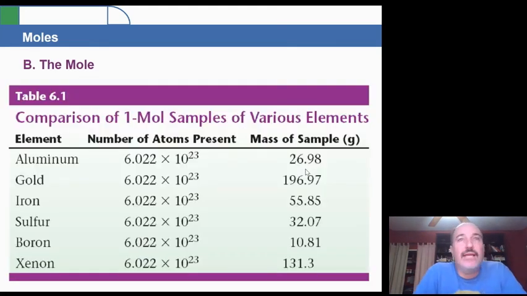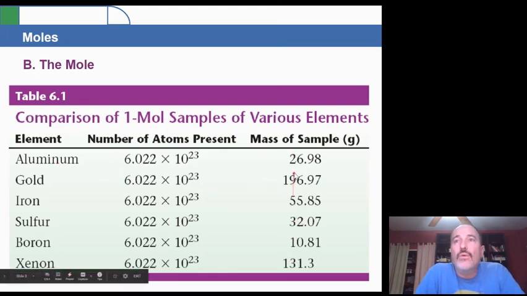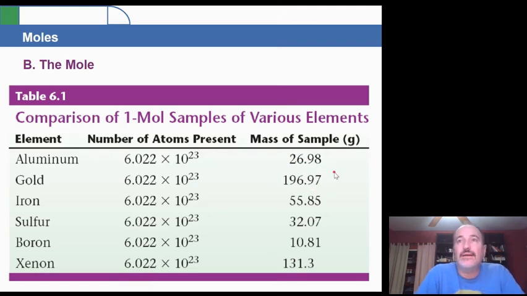And just to give you an idea, if you look at 1 mole of any of these items, these are their masses in grams. If you look on the periodic table, this is the atomic mass of aluminum, or this is the atomic mass of gold. That's what all of these are equal to.